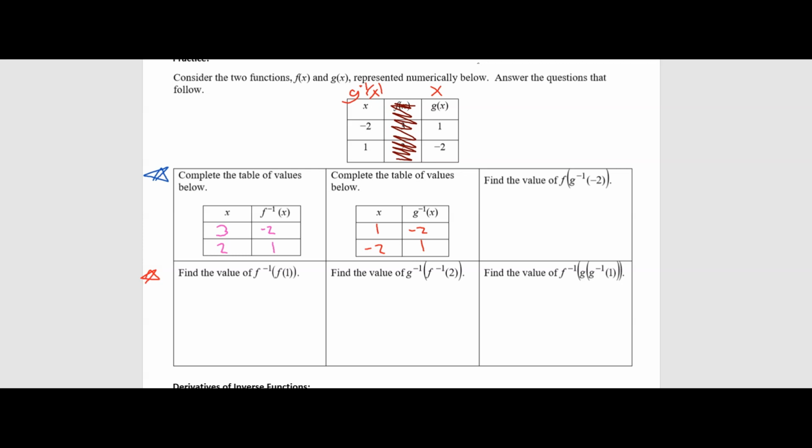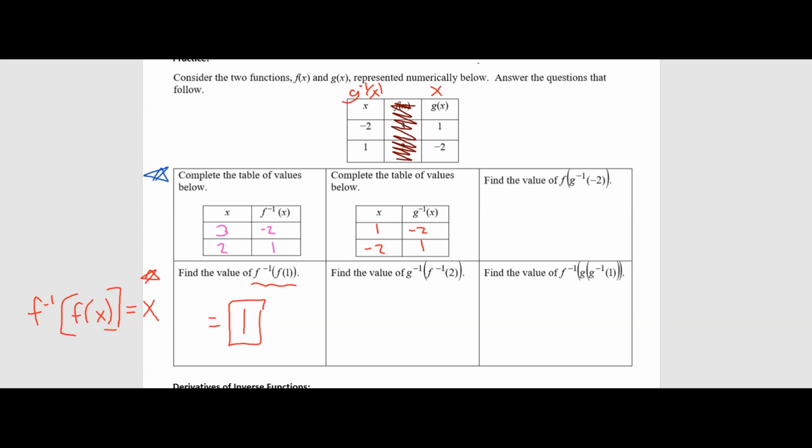And that relationship was, if we take the inverse of the original function, that is always going to equal whatever that input is. So here, our input is 1, so this is going to be equal to 1.